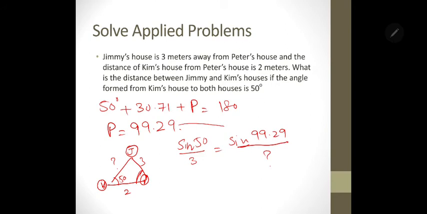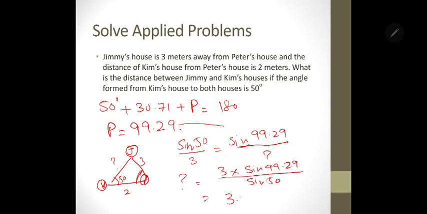The cross multiplication gives us 3 times sine 99.29 divided by sine 50. And if you use this on your calculator, the answer is 3.86.